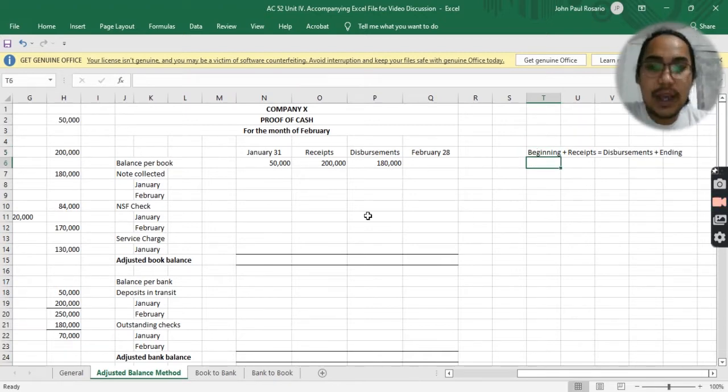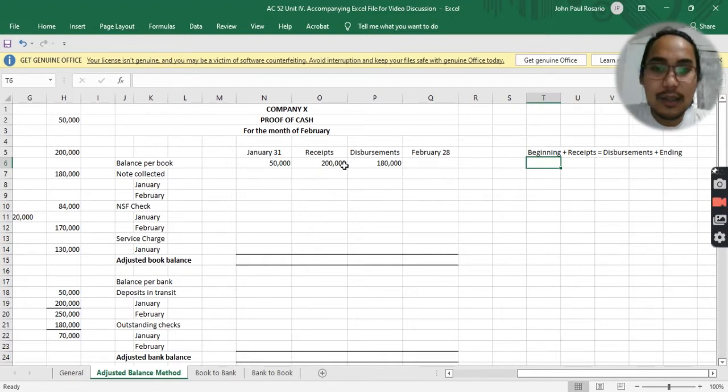Always remember the 4 columns: the first 2 on the left, and the remaining on the right. Everything that you do should be equal. Everything you enter should be equal. Kung unsa ang total nimo sa beginning o sa receipts should be equal sa imong disbursements and ending.